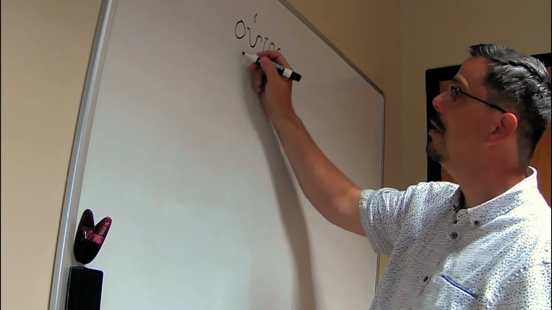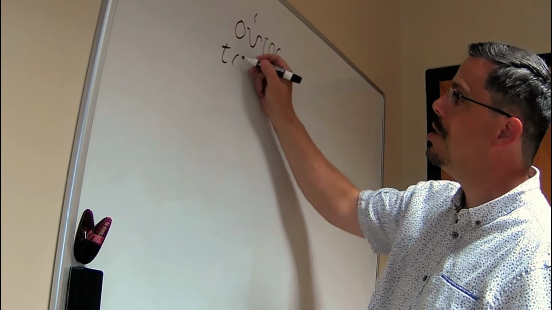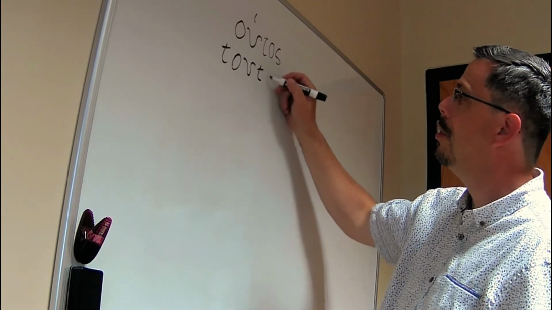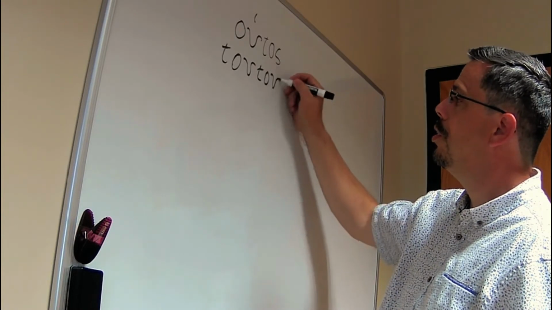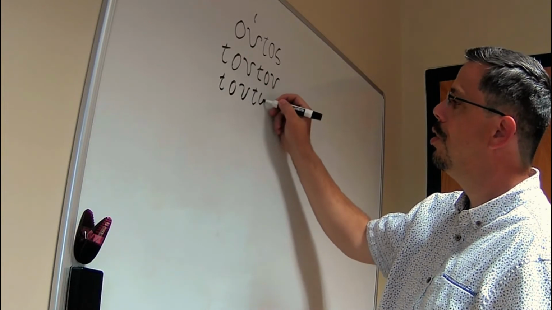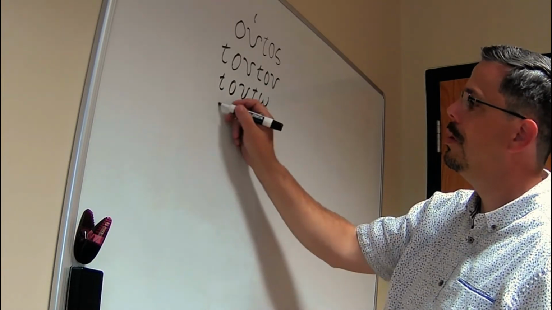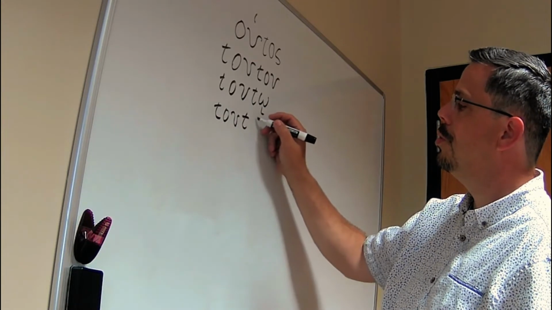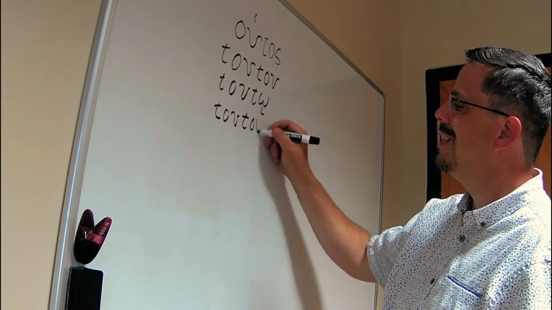Houtos. And then we change a little bit and we go to a tau instead of the rough breathing mark. Tou, toutou, touton, right?